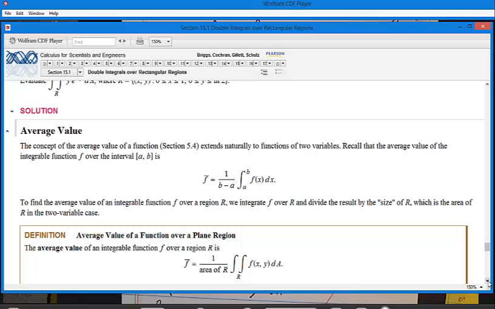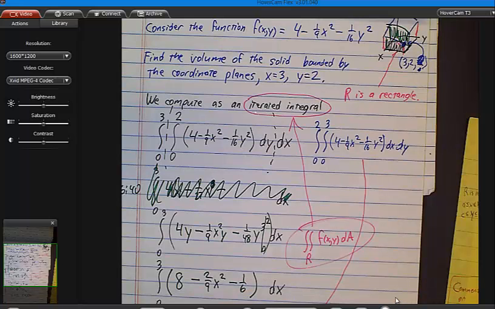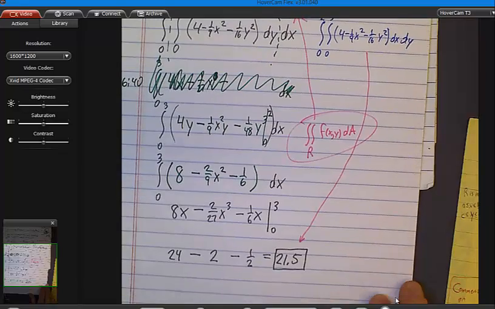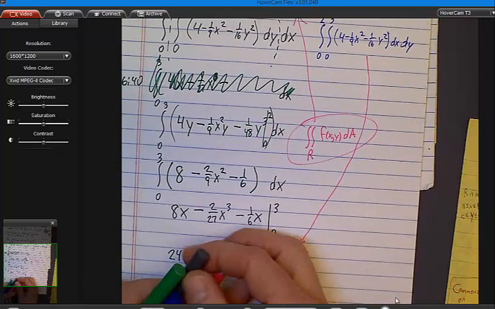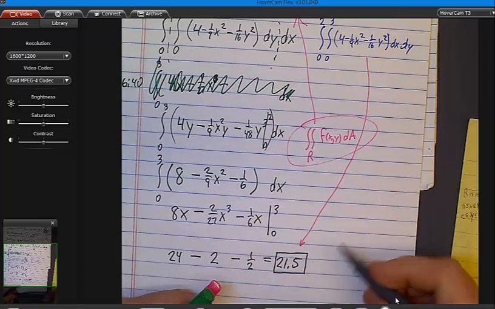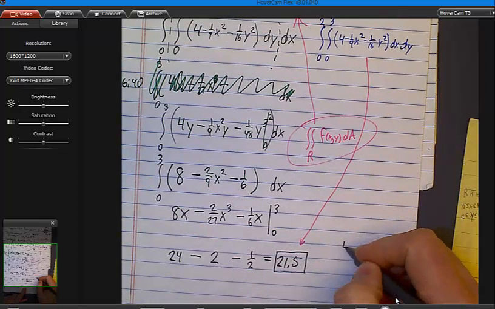Right? So for us, I guess I know the average value of the function, right? In my example. Yeah, this is kind of cool. Because 21.5, right? That's 43 halves, right?